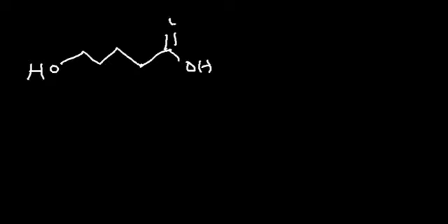feel free to try these examples, because sometimes you can have two alcohols in the same molecule, or not two alcohols, an alcohol and a carboxylic acid. That's what I meant to say.